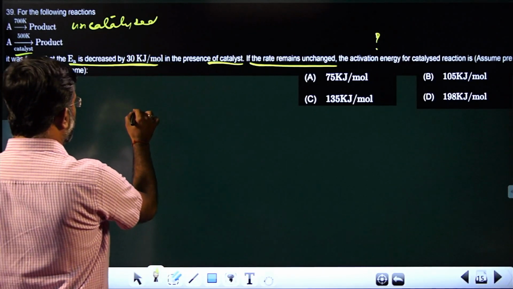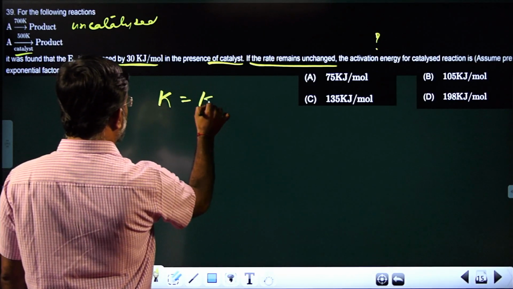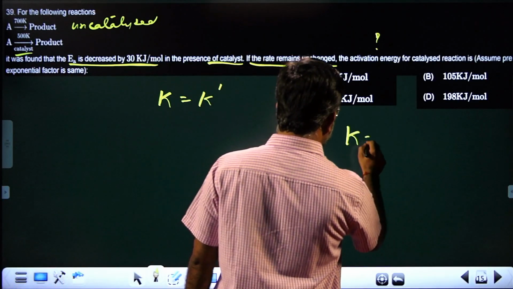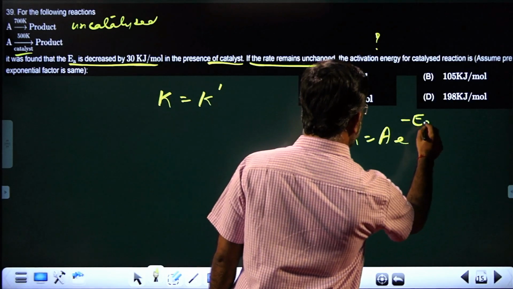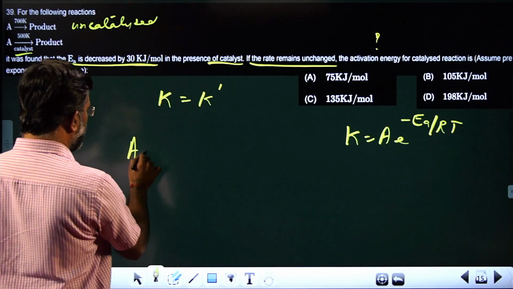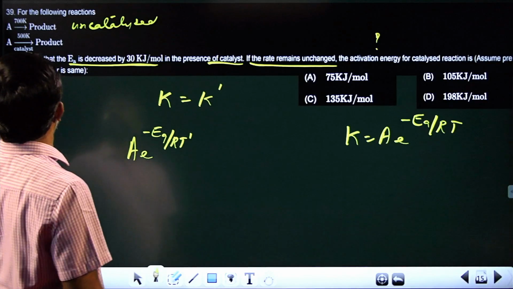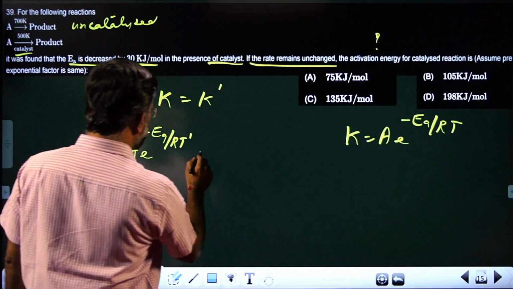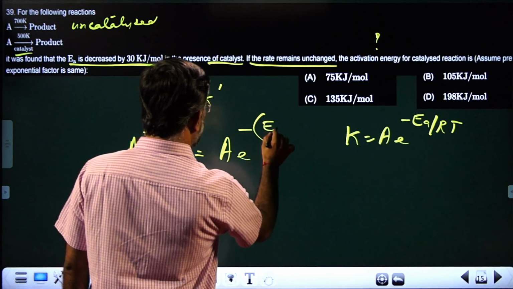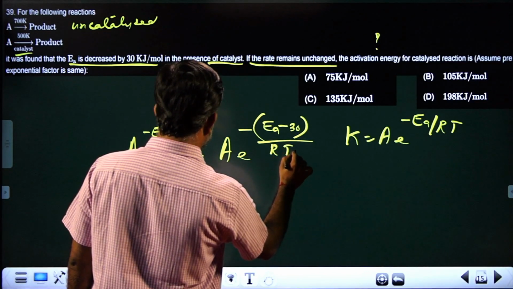When the rate remains unchanged, K will remain unchanged, so K is equal to K dash. All of us know K is equal to A e raised to minus EA by RT. So it is A e raised to minus EA by RT1, and that is equal to A e raised to minus (EA minus 30) divided by RT dash.